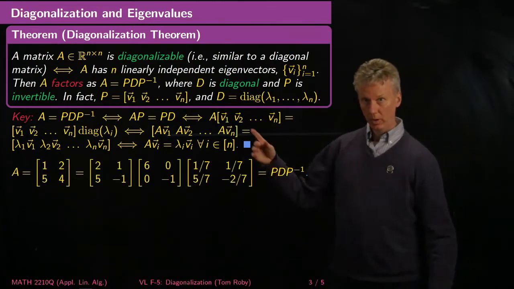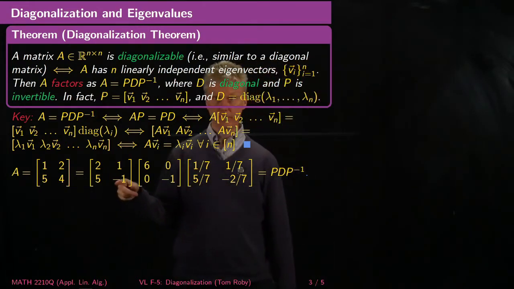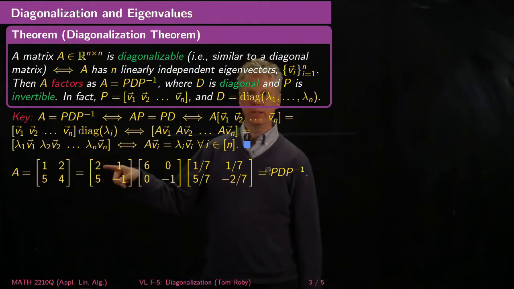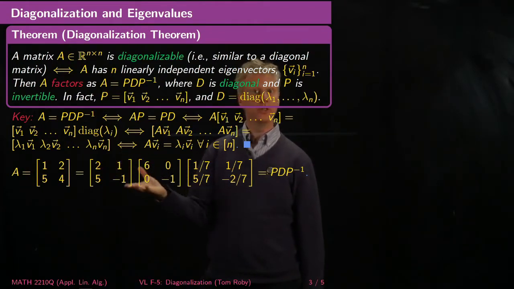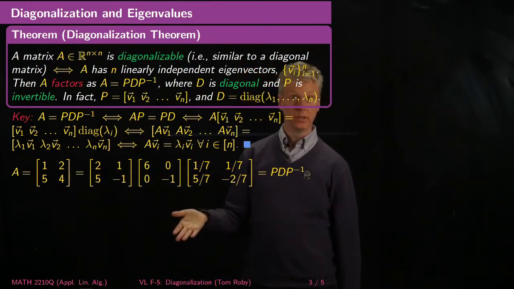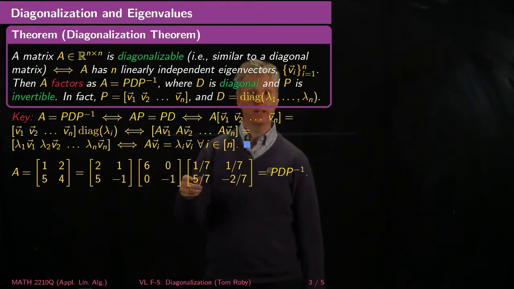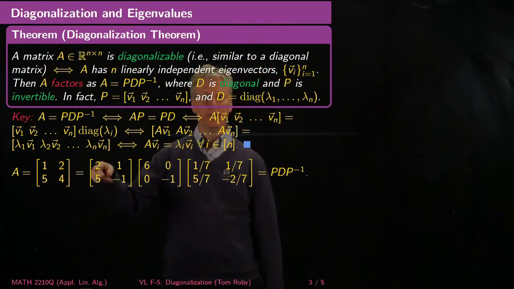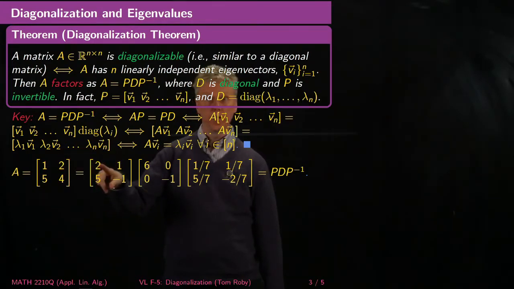And so one more thing to take a look at here is what happens. The point is that (2, 5) and (1, -1) should be eigenvectors corresponding to 6 and -1 respectively for this matrix. So for example, if I multiply just this first column, (2, 5), by (1, 2; 5, 4), what do I get? Well, I'll get 2 plus 10 is 12, and 12 is 6 times 2.